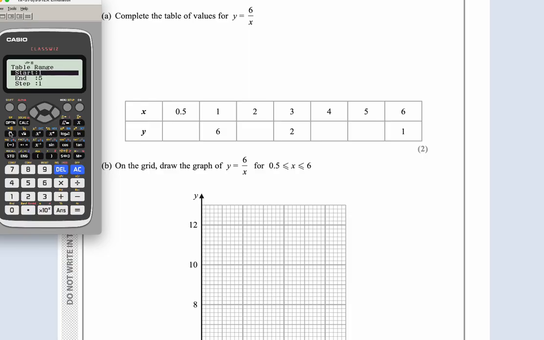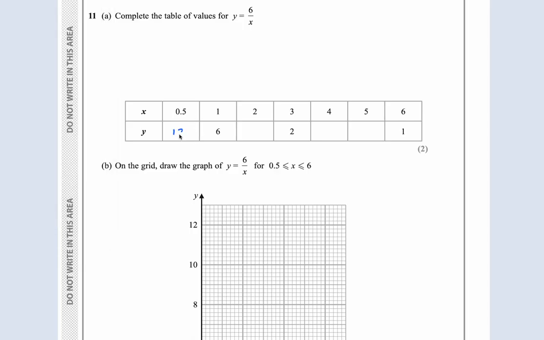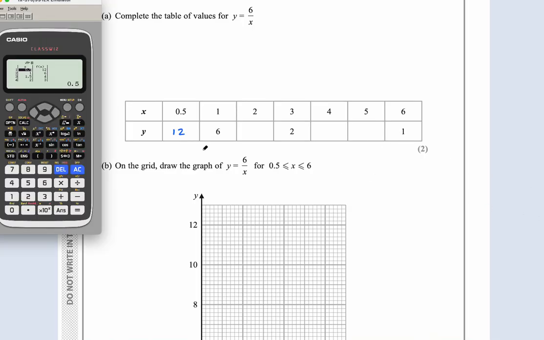Press enter again, start range. Okay, just be careful, guys. We're going to start at 0.5 and we're going to end at 6 and we have to go up by 0.5, otherwise it will miss all the whole numbers. So 0.5 is 12. Let's put in 12 here. Then we go to 2. 2 is 3.